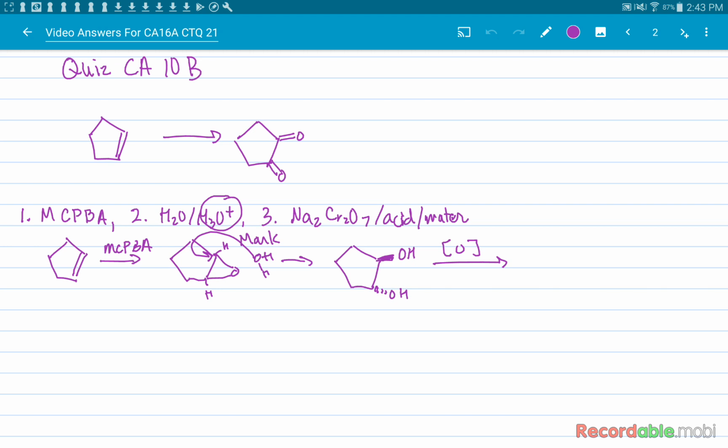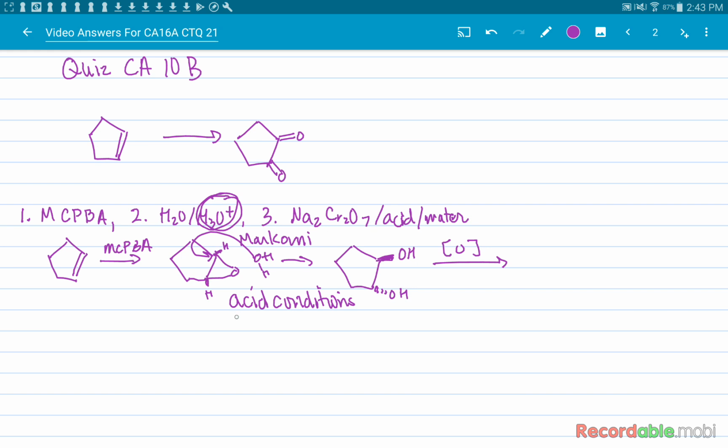And so if we start out with the alkene and add the MCPBA, we get an epoxide. And this is in acid conditions because we've got the H3O+. And so that means it's Markovnikov. But since both of these carbons have equal substitution, that doesn't really matter.